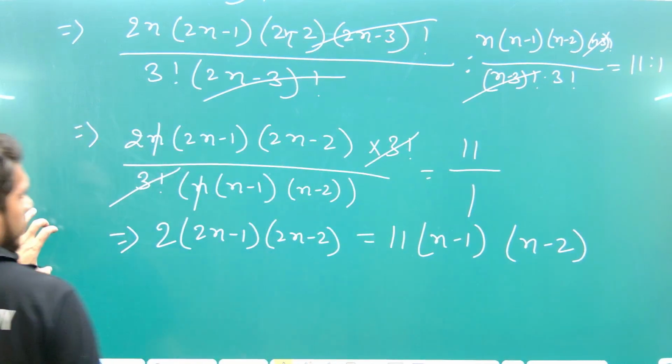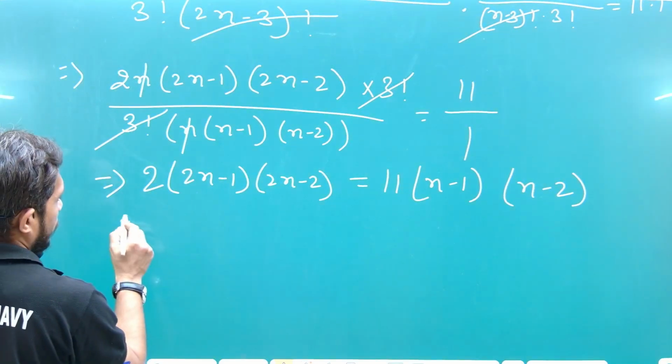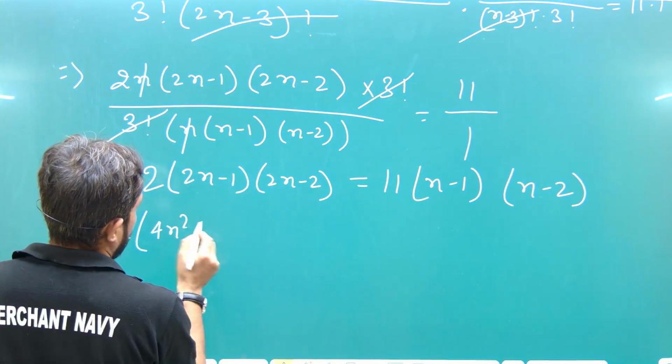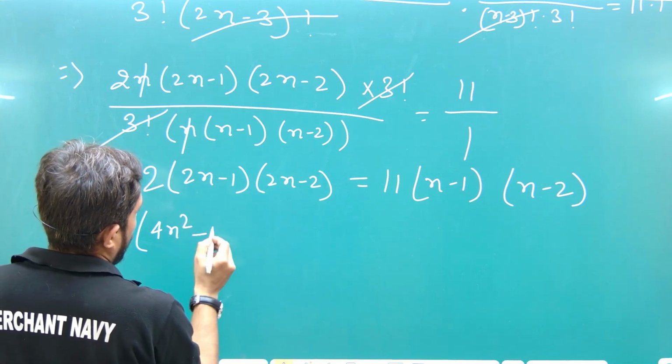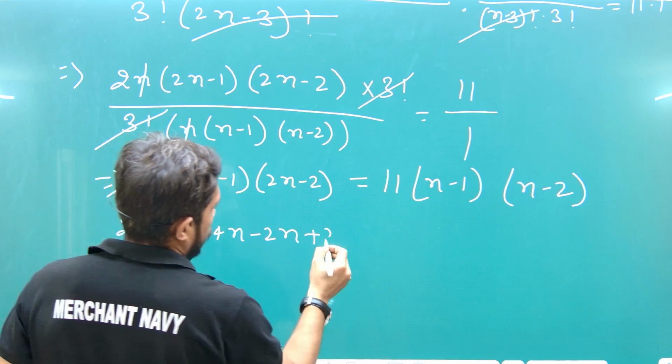Now this will give an equation of quadratic form. So 2 into 2n gives 4n square minus 4n minus 2n plus 2.